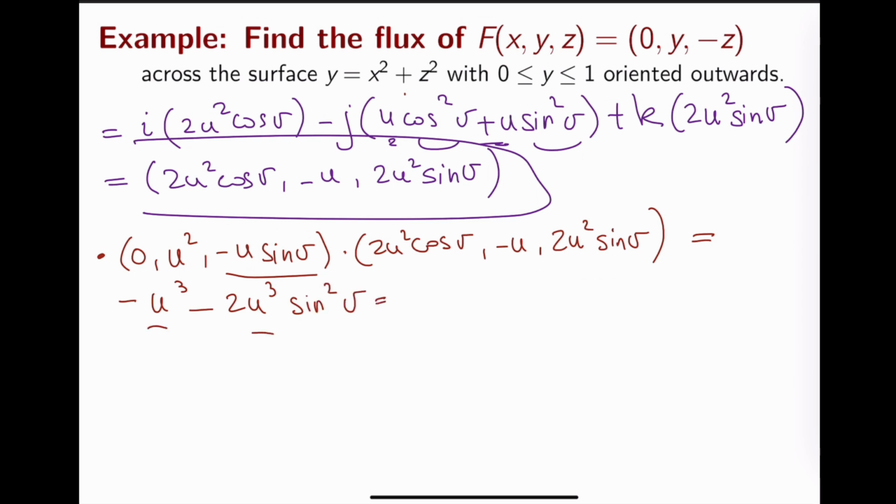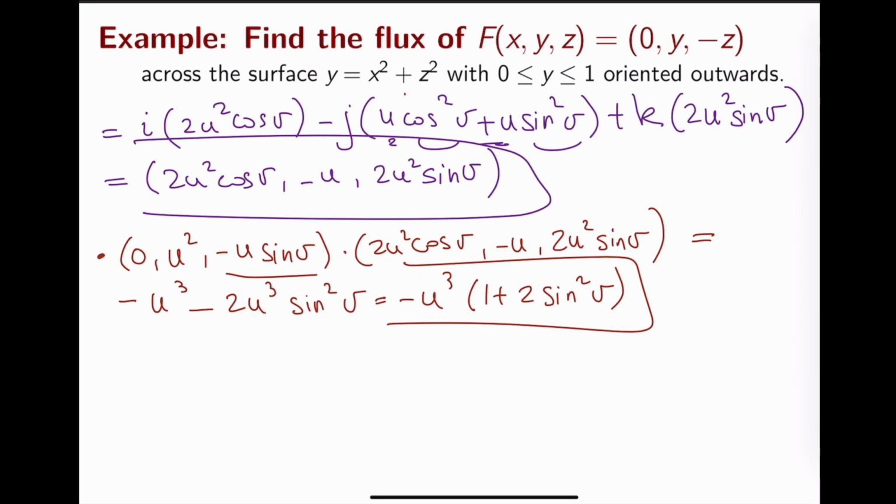Taking here minus u cubed as a common factor, multiplies 1 plus 2 sine squared of v. So this is then the integrand that we need in our double integral.